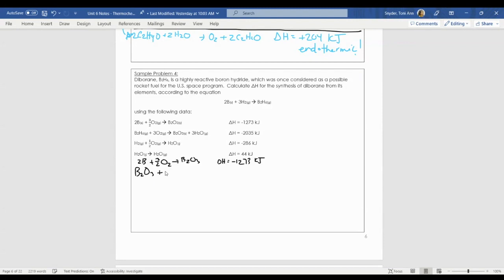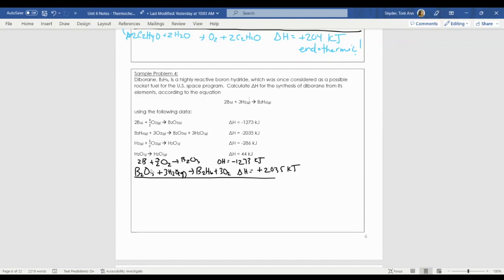B2O3 plus 3H2O. Now we do have to be careful here because there are some differences in states of matter. This is a gas, and this is going to give me B2H6 plus 3O2. My delta H for this, if I flipped the equation, has to be positive, so I'm going to change that sign.